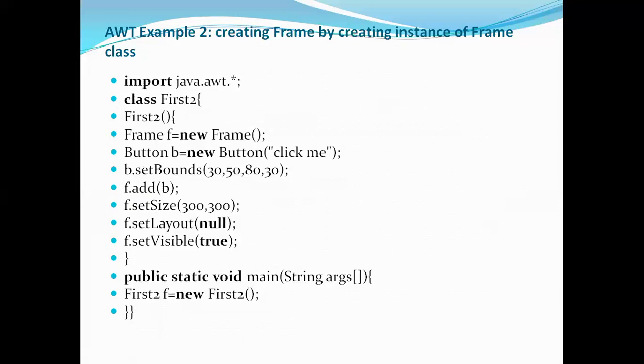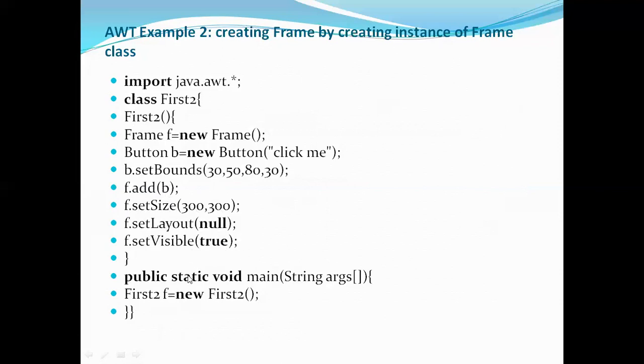Previously we just wrote add of b, but here you should write f dot add of b. Next is f dot setSize, which means you are setting the frame size. Next you are setting the layout of your frame. Next you are setting the visibility of your frame.